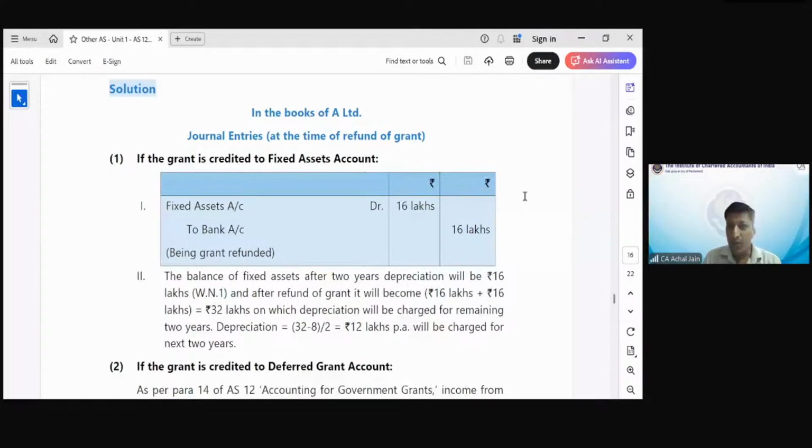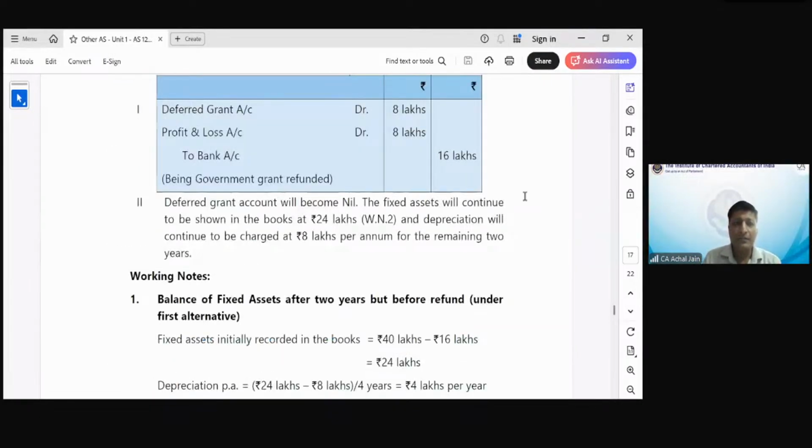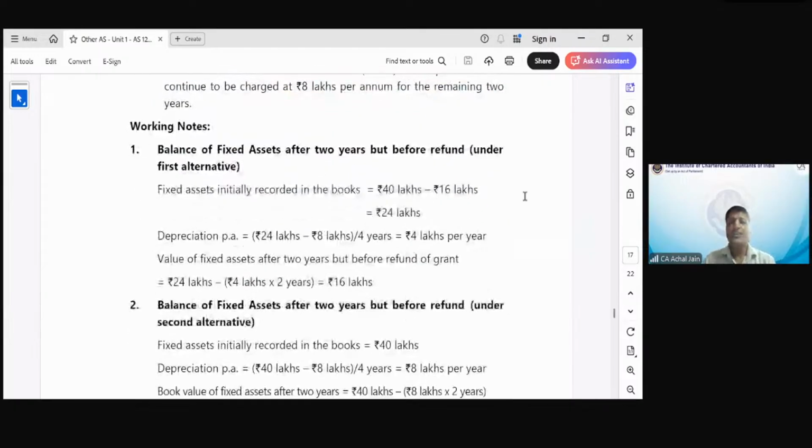So I think we can get on to the working note to get some more clarity. Initially the fixed asset is recorded at 24, right? Then I think there is also a residual value. I think I ignored the residual value. So if you deduct the residual value, every year, what is the depreciation charge you will get? 4 lakh, right?